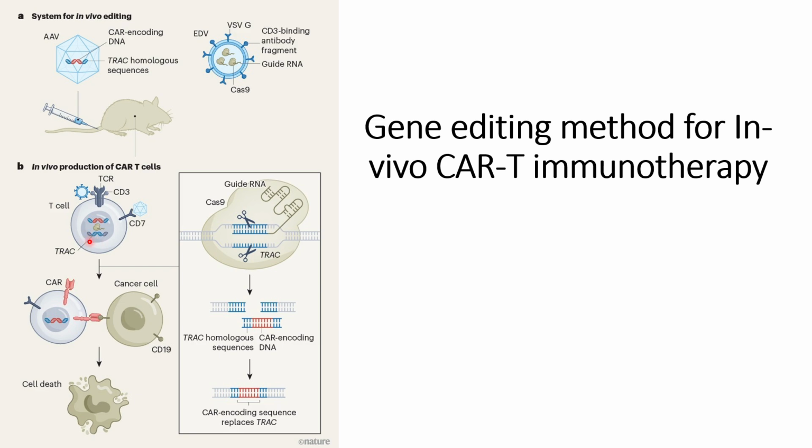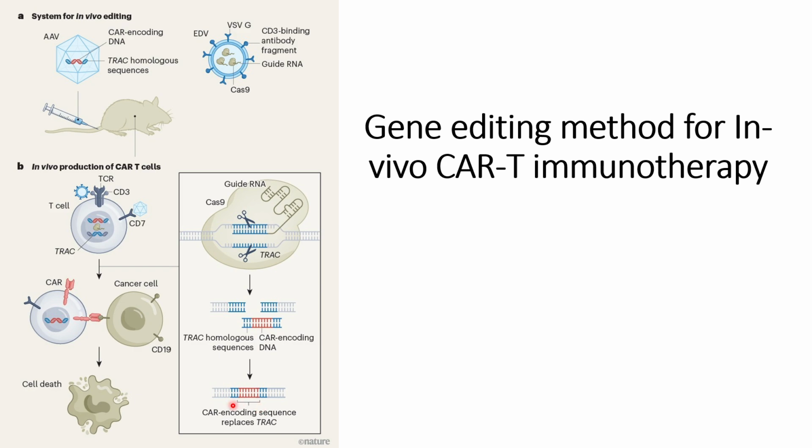When it finds that gene in the T cells, it will cut this TRAC using the Cas9 guide RNA. And once it cuts this TRAC, this TRAC homologous CAR encoding DNA sequence, which is also provided in this virus, will then be inserted into the TRAC, which has been cut by this Cas9 guide RNA.